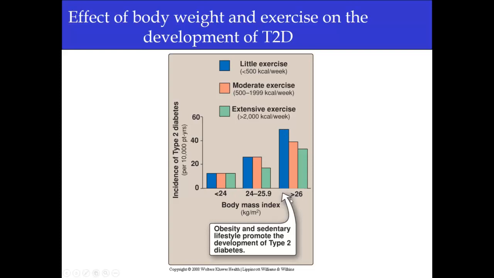So BMI has the greater effect on increasing their risk of type 2 diabetes, but also exercise. And with exercise, you can reduce the risk. And of course, exercise is more important in obese individuals than in normal weight individuals in reducing the risk of type 2 diabetes.